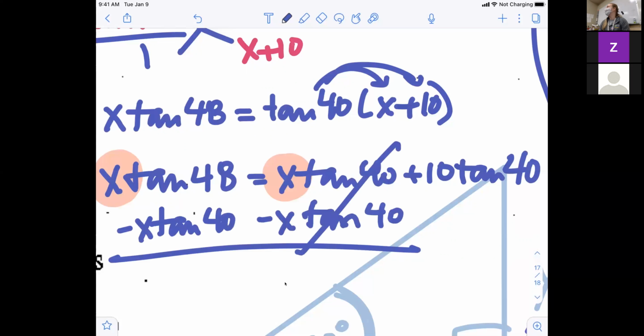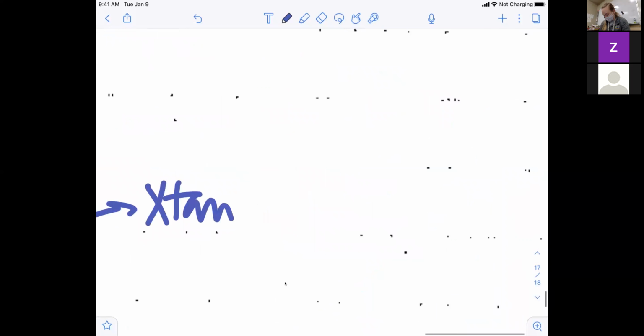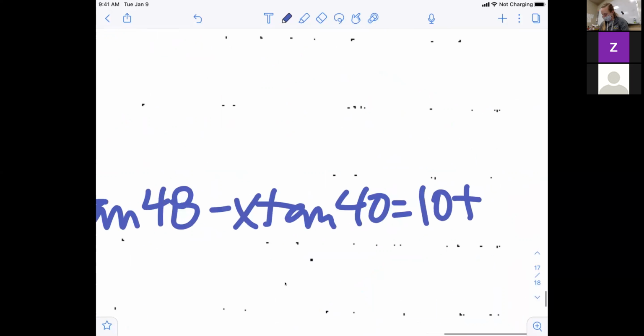I can't combine x tan 48 and x tan 40, so I'm just going to write them next to each other. I haven't done anything to my 10 tan 40 yet. So I've got x tan of 48 minus x tan of 40 equals 10 tan of 40.